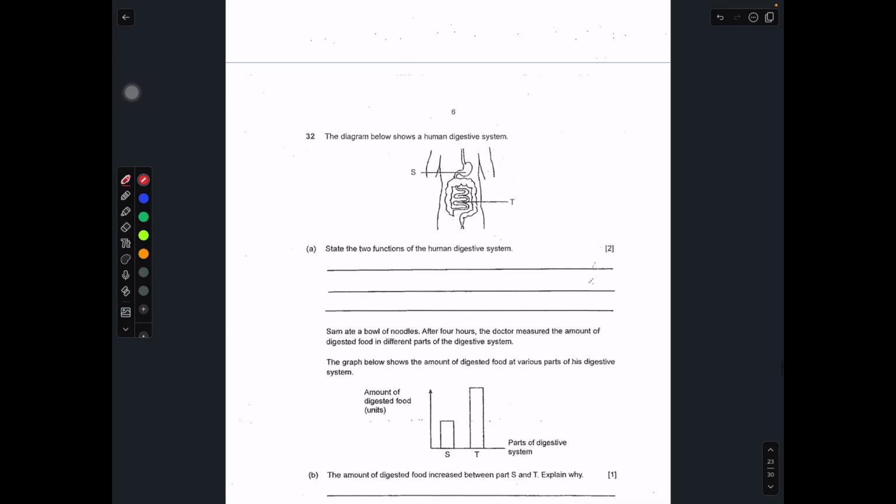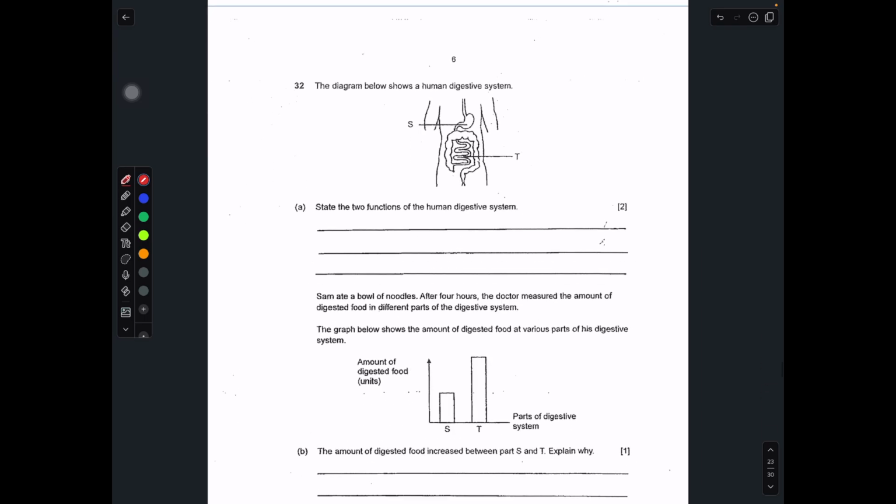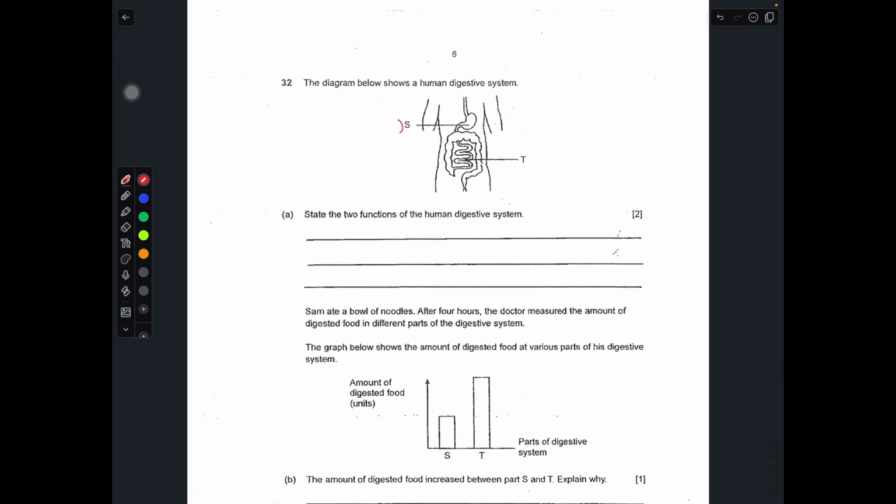The diagram below shows the human digestive system. So over here, S shows the stomach, while T shows the small intestine. This is something that at this stage you probably would have recognized. State 2 functions of the small intestine. So number 1, the function is to break down food into simpler substances. That would be the definition of digestion.